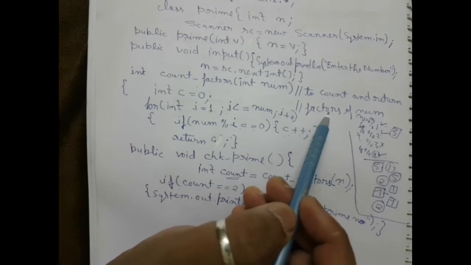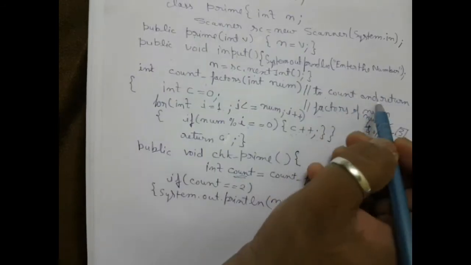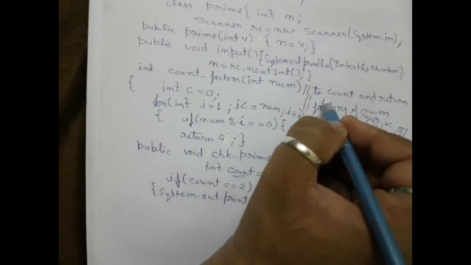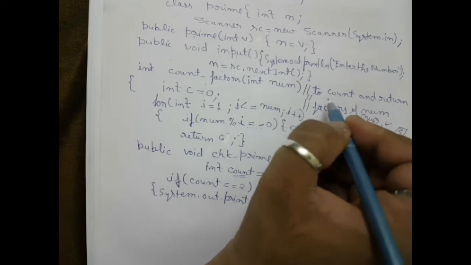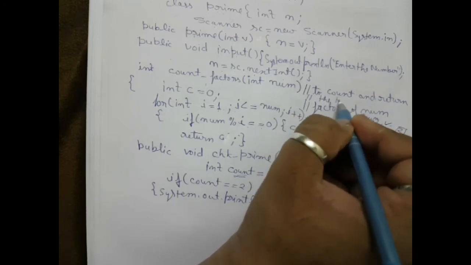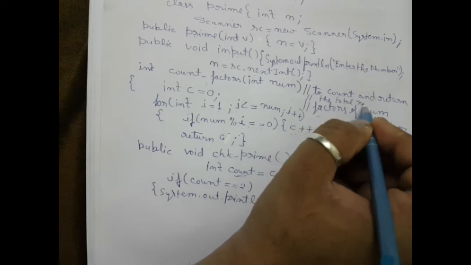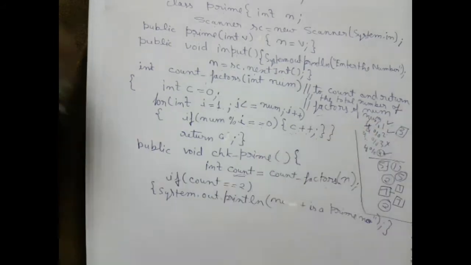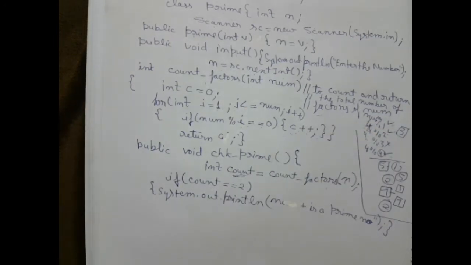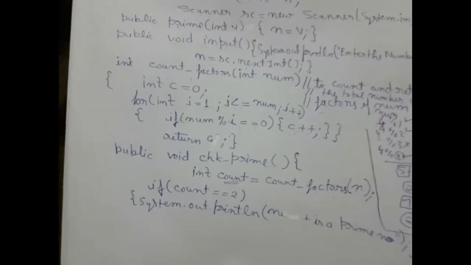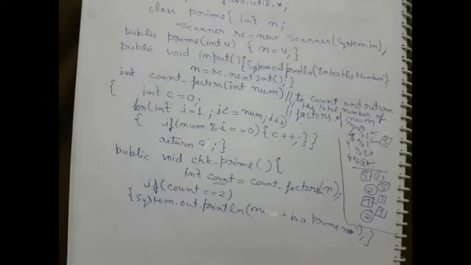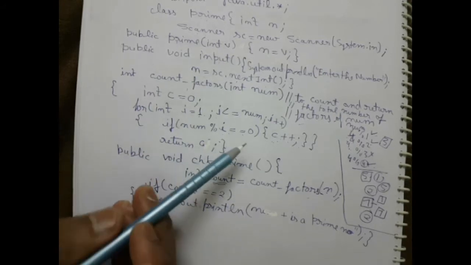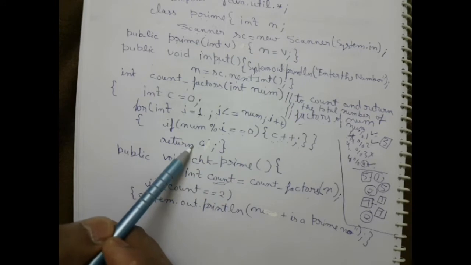So here, to count and return, I'll improve this: the total number of factors. So here we write return c. That will have the count and then it will be returned.